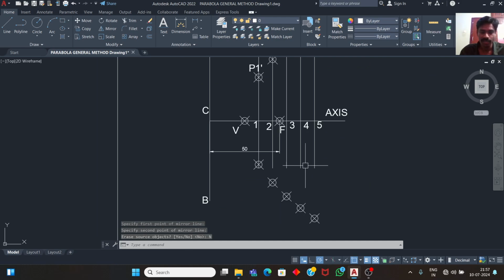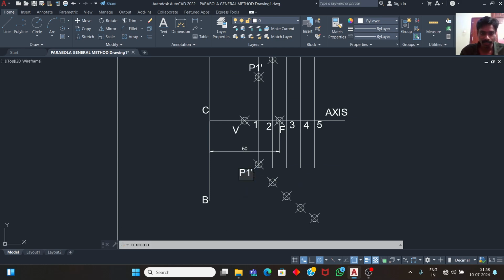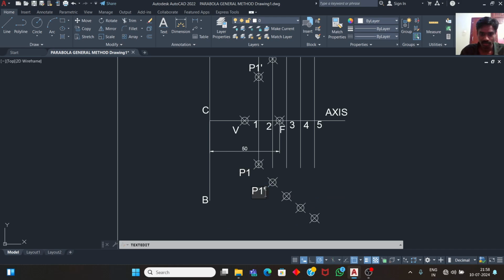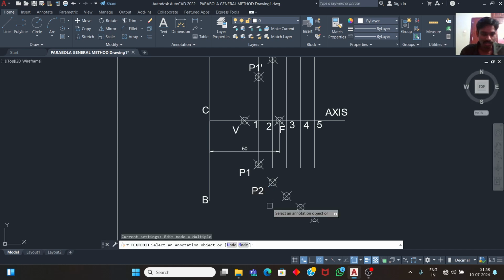Okay, we got another 5 points below the axis line. So give the naming also for these points. Now this is the point P1 only without a dash. This is P2 without a dash.